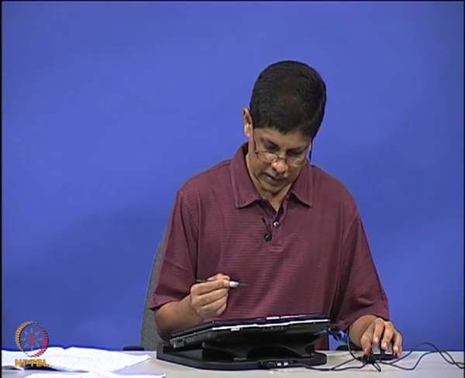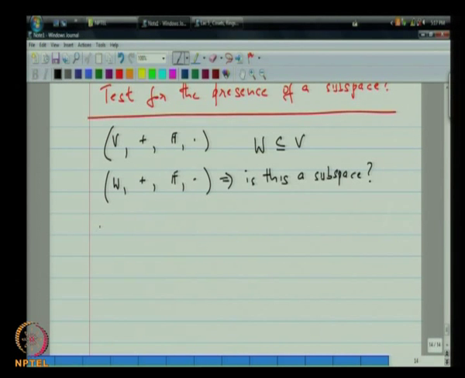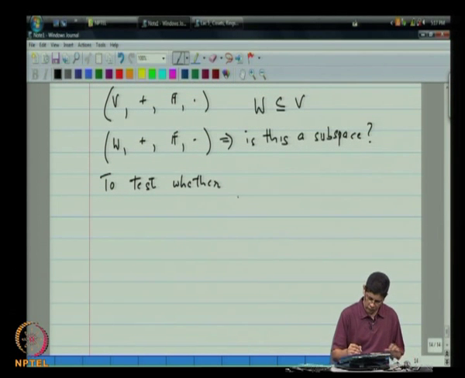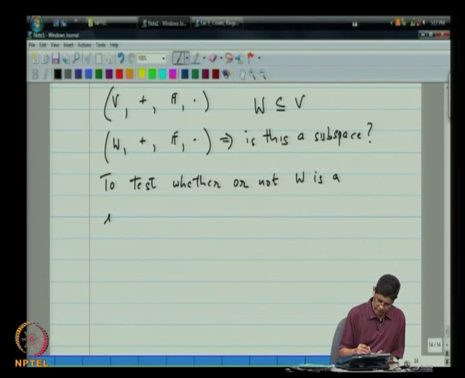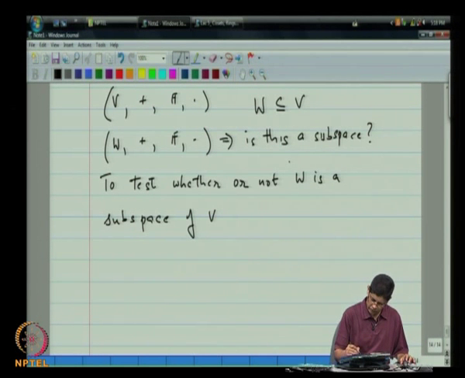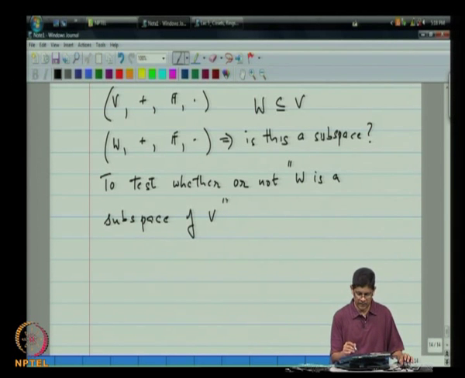It suffices to test whether or not W is a subspace of V. Let me put this in quotes, because strictly speaking it is not W that is a subspace, it is the entire W with plus and dot over F, but that is too long to say.